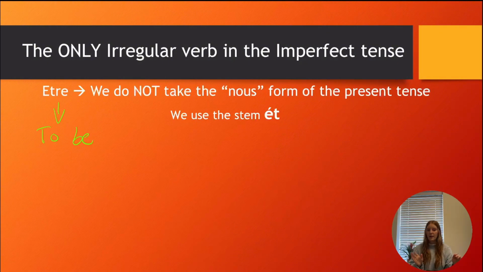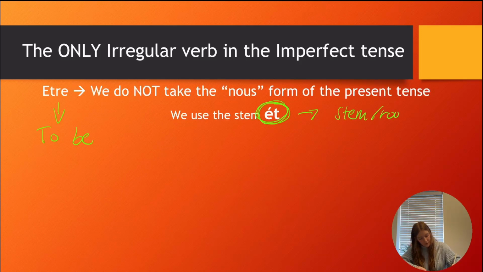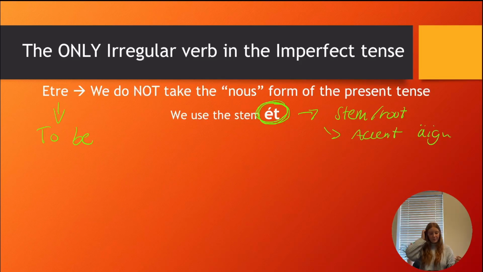We don't do that, okay? We put this root in. This is our root. This is the stem. This is the root of the verb that we add our endings to. E, accent, T, okay? And that's an accent aigu, because it's going up. Accent aigu. I'll write that down, actually. Aigu just means sharp in French. But that's what the accent's called.